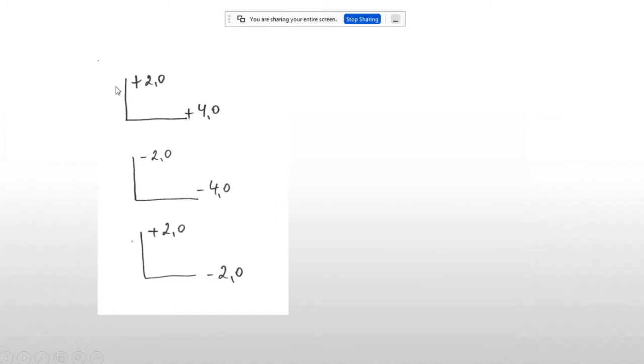So what we have here is a result of our skiascopy or retinoscopy. We will see in a moment what it means, but let's take it as a ready result. We have vertical +2 and horizontal +4. Which meridian refracts more, vertical or horizontal? It's vertical.